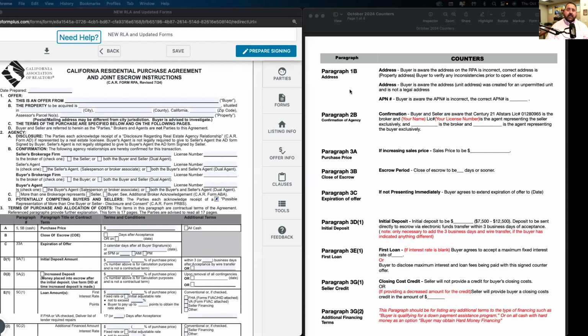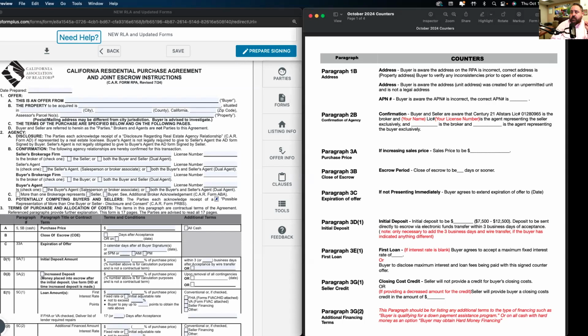So for us to be able to reference back the counters, you have it right here in front of you. You could look at it. It has verbiage in there already. So we're going to run through the contract, and we're going to look at each one of these paragraphs where there's a possibility that you may need a counter and what that verbiage will be for that.